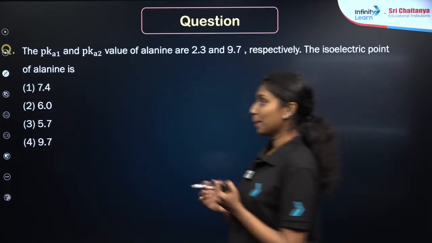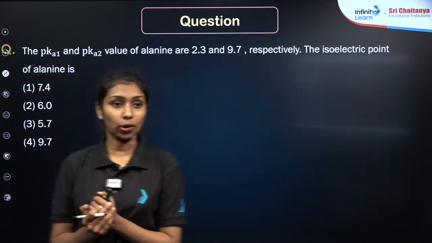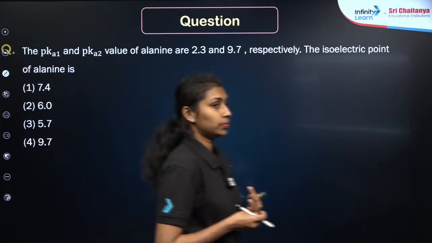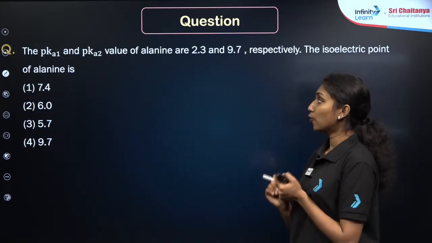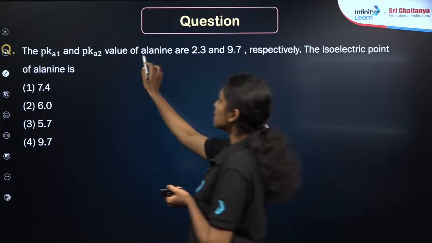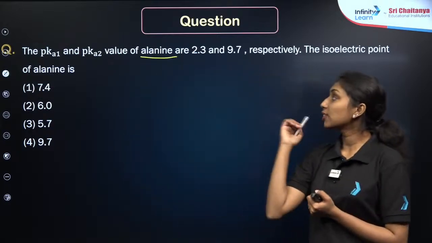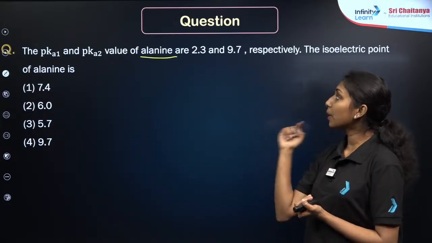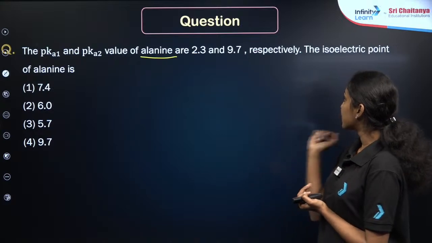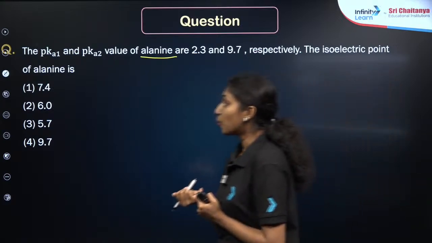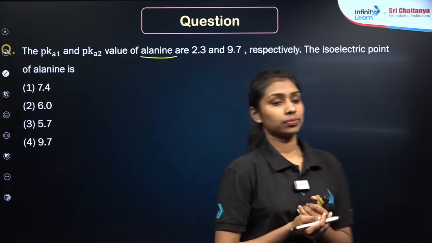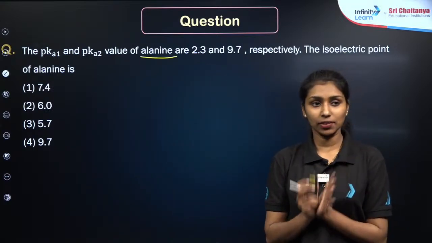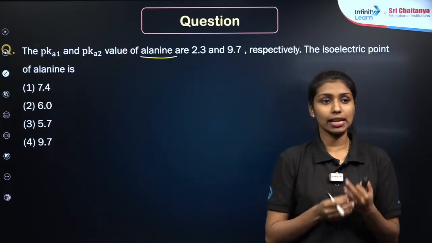Here is the next question based on the isoelectric point calculation. The pKa1 and pKa2 values of alanine, the amino acid given here, are pKa1 equal to 2.3 and pKa2 equal to 9.7 respectively. The isoelectric point of alanine is? Values are given here. Just put them in the formula and you will get the answer.